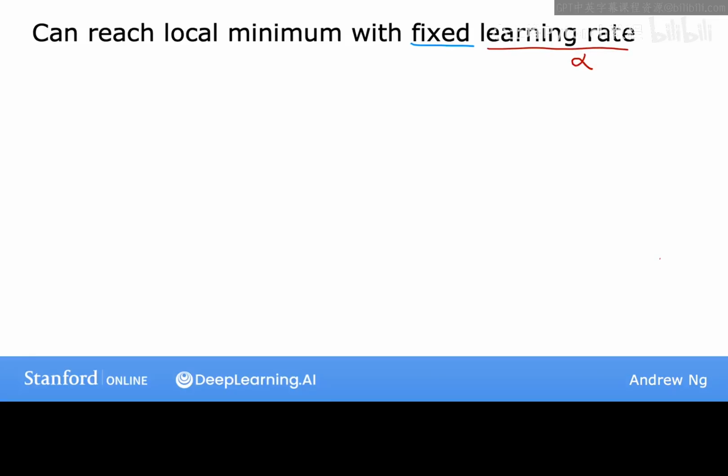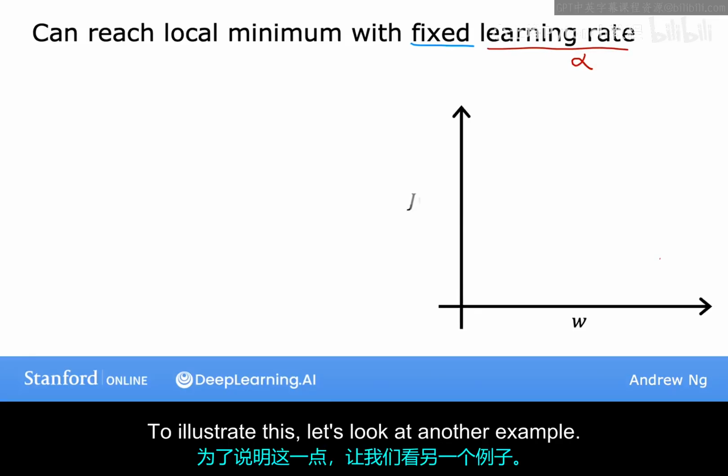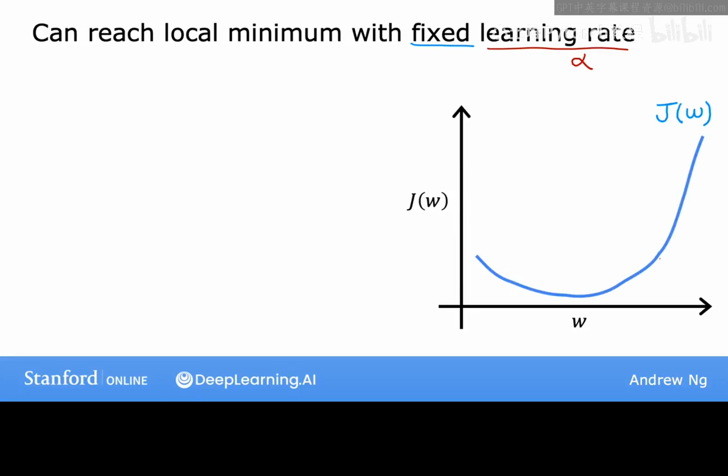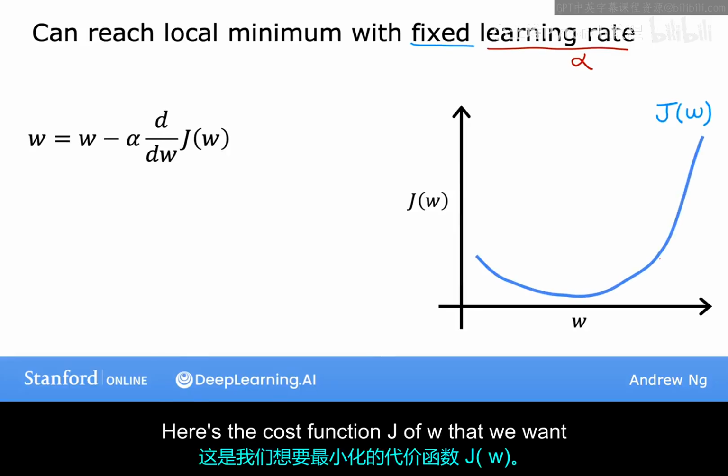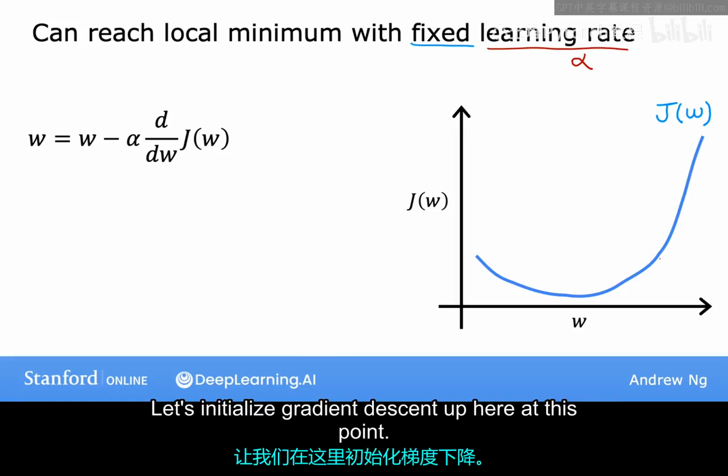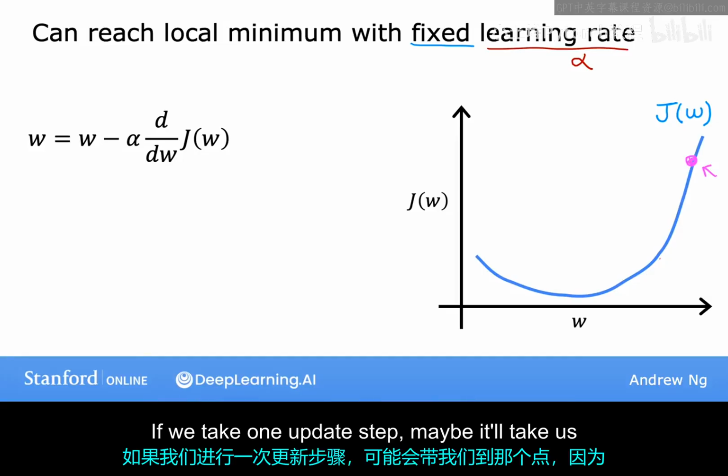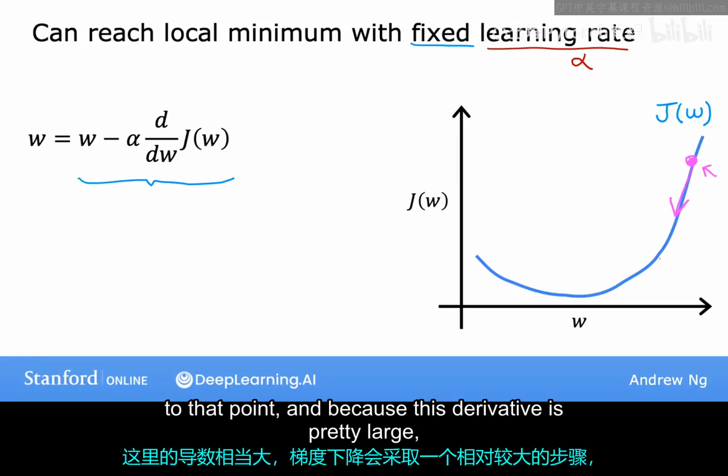Here's what I mean. To illustrate this, let's look at another example. Here's the cost function J of w that we want to minimize. Let's initialize gradient descent up here at this point. If we take one update step, maybe it'll take us to that point.